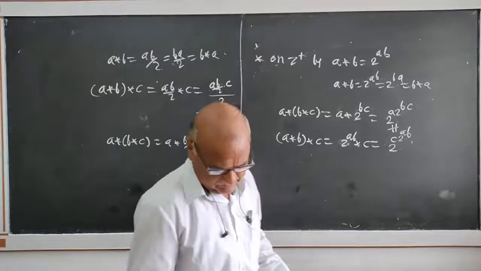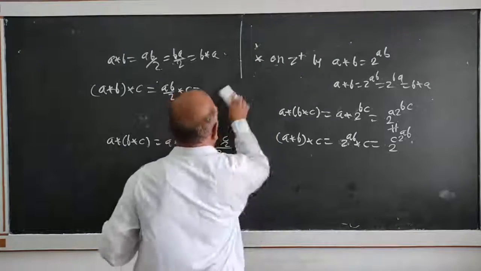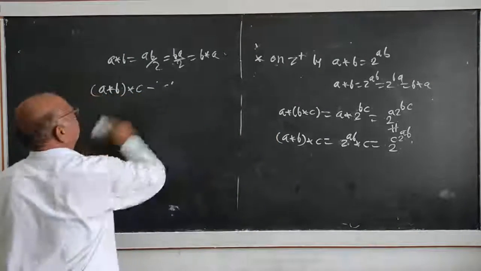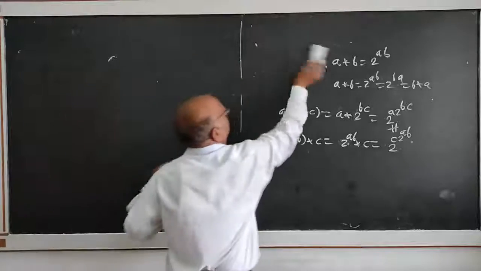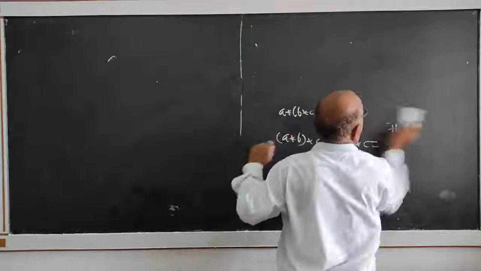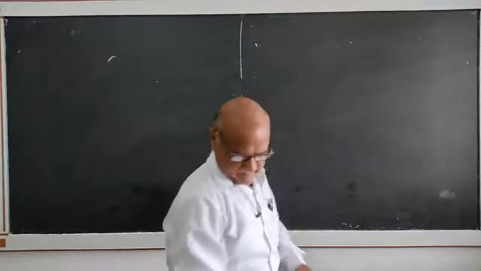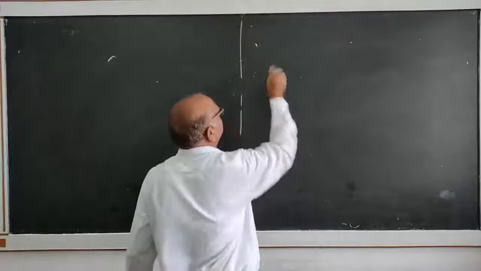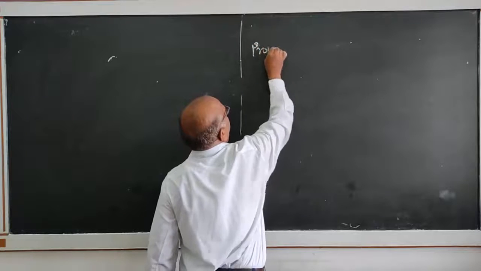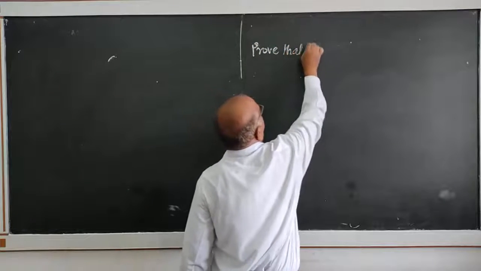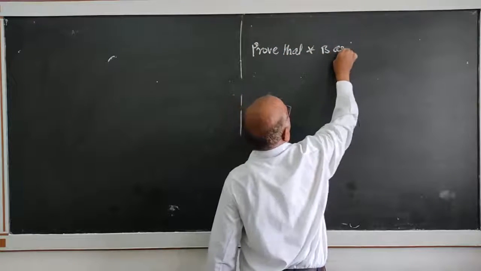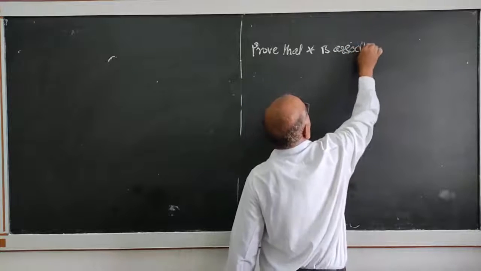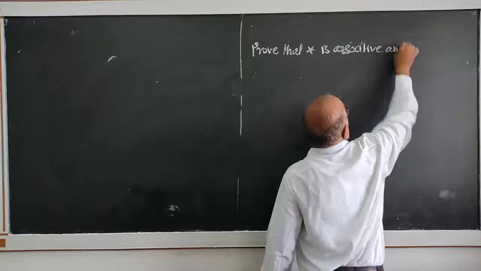Now one example. Prove that if star is associative and commutative, prove that star is associative and commutative.